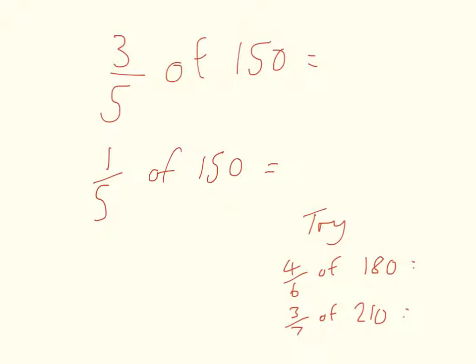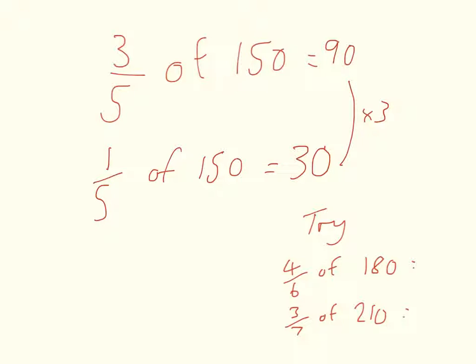I know my answer is 3. But because I'm not asking for 15, I'm asking for 150, which is 10 times bigger, then my answer has to be 10 times bigger. So it'll be 30. So now I need to multiply it by my numerator, which is 3. 30 times 3 gives me 90.